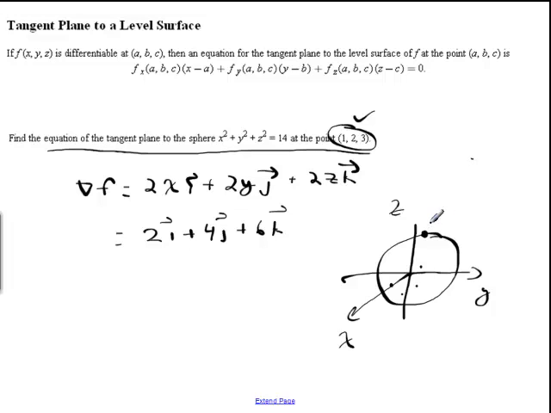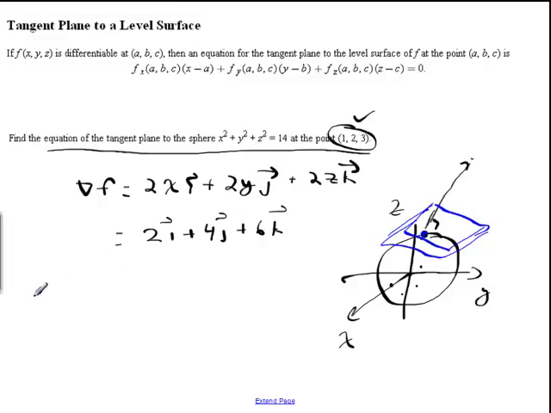So this vector here, something like that, and it's perpendicular to our surface. And what we're looking for is the plane at this point, which is tangent to that point. So this is the plane here that just touches this point once and then bounces off.